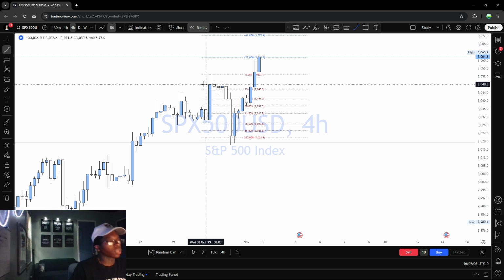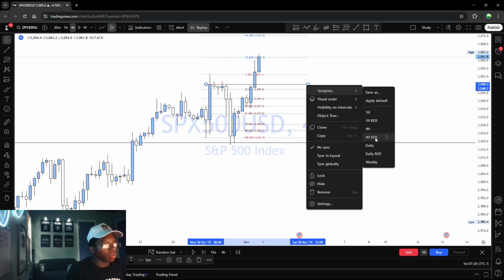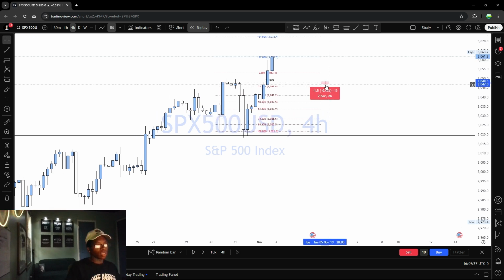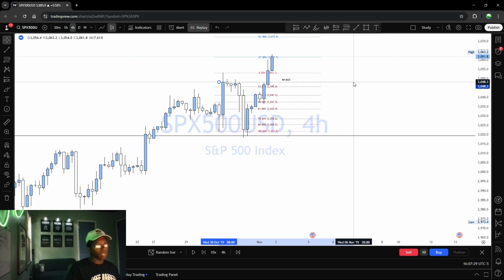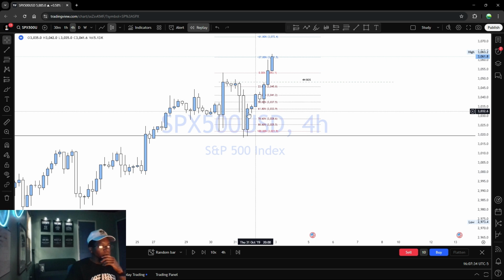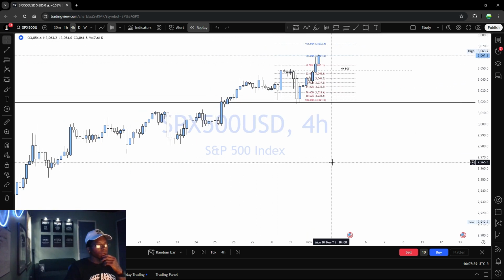Recently broke the structure here, so if price does want to come back for a retest, it will make sense because we did just break a structure high. And as soon as we have an impulse break, we have a correction. So let's do the 4 hour break structure, and I'll stretch this out to the end of the week. So basically Friday, 4 hour break structure. And we see price continue.